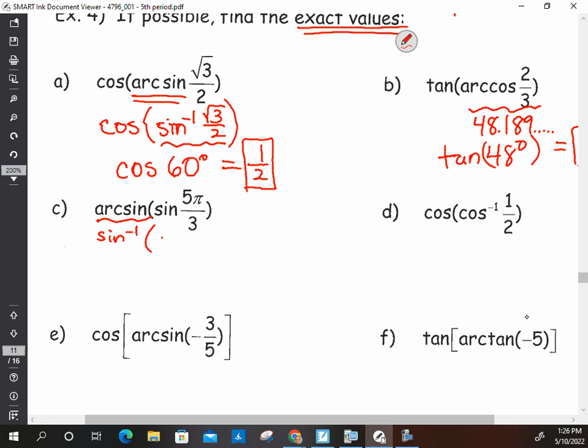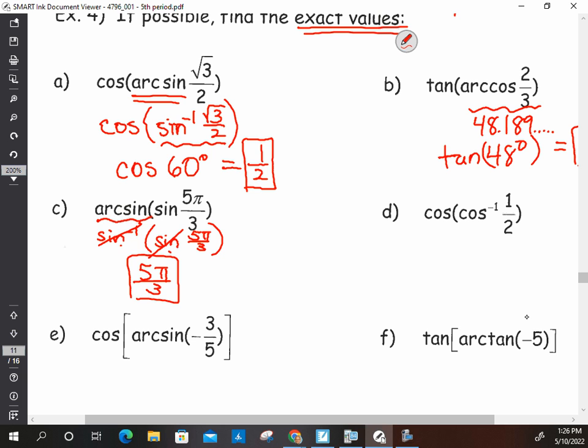So what are sine and sine inverse in relation to each other? Those are opposites. So opposites cancel out. So your answer is 5 pi over 3. If you have a trig function and its opposite directly next to each other, they cancel out. And that's it.